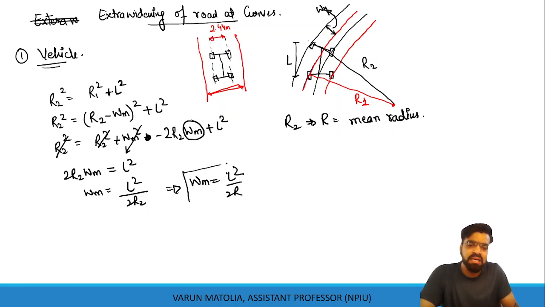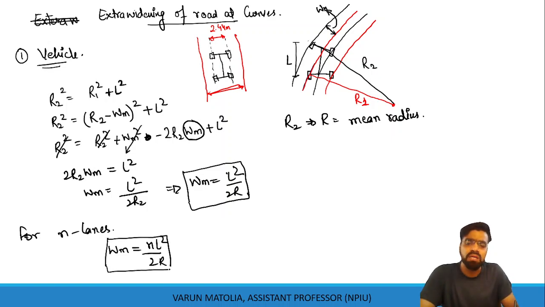This is for a single lane. If there are n lanes, we can change this formula to Wm equals nL square by 2R, n times the extra widening.